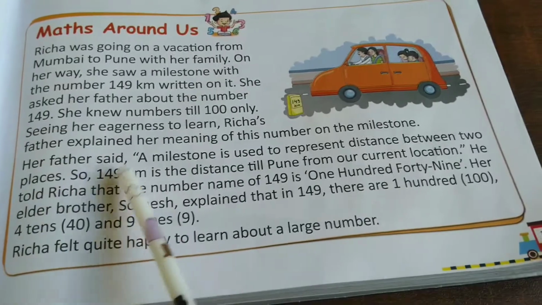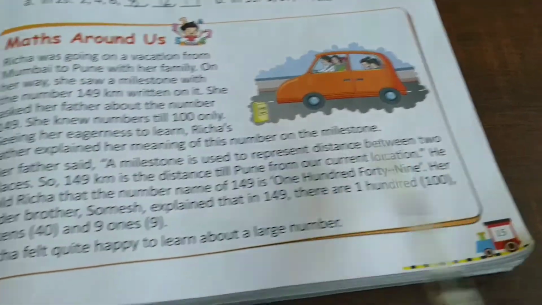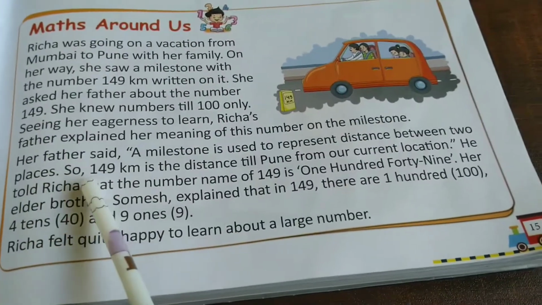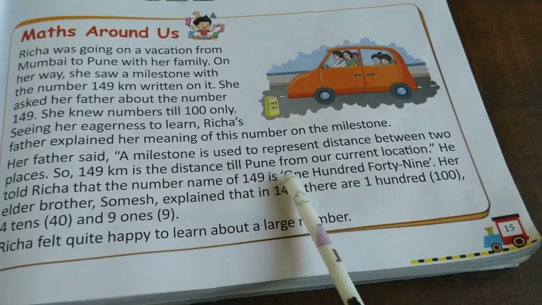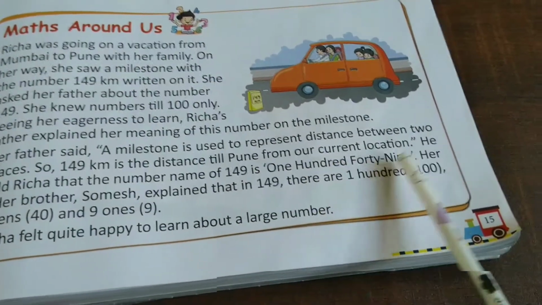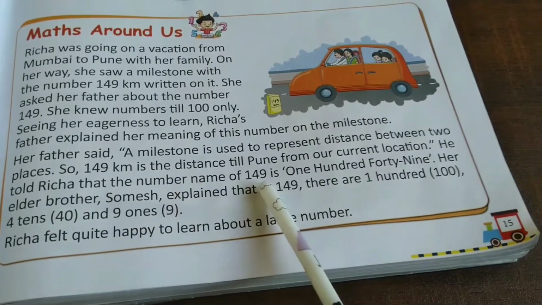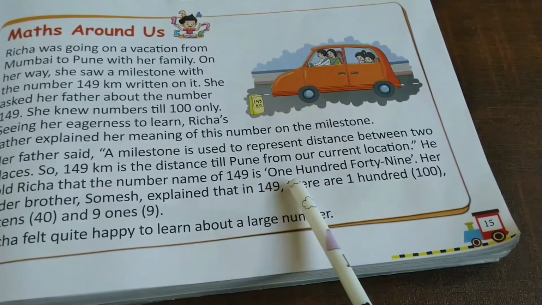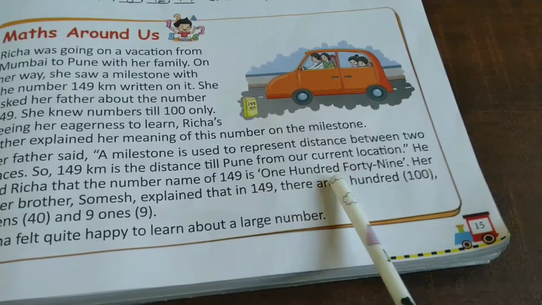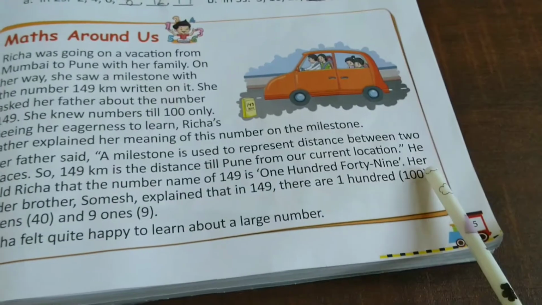Her father said a milestone is used to represent the distance between two places. So 149 km is the distance till Pune from our current location. He told Richa that the number name of 149 is ONE HUNDRED FORTY NINE.